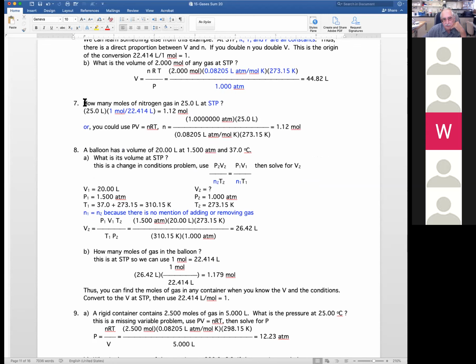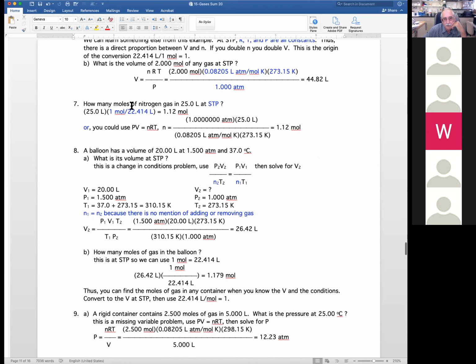When you're asked questions like this, how many moles of nitrogen in 25 liters at STP, if you have that memorized, then you can just do this. If you don't have it memorized, then you can just plug it into PV equals nRT.